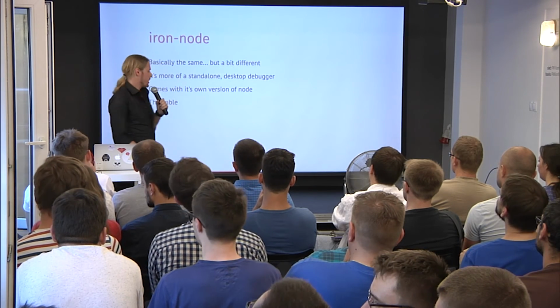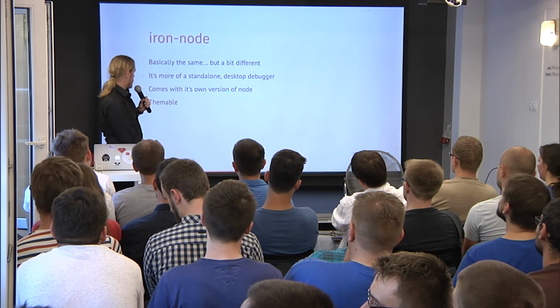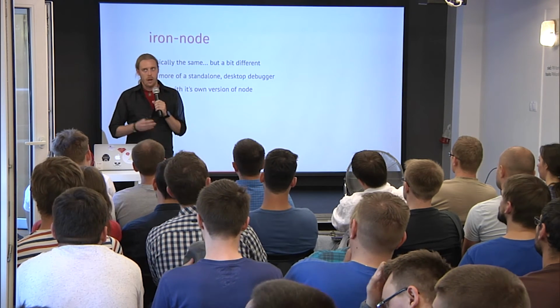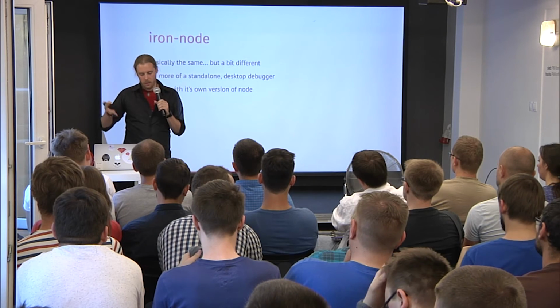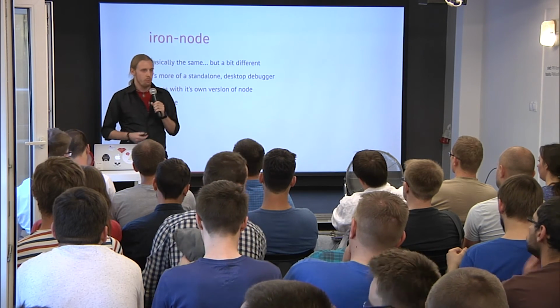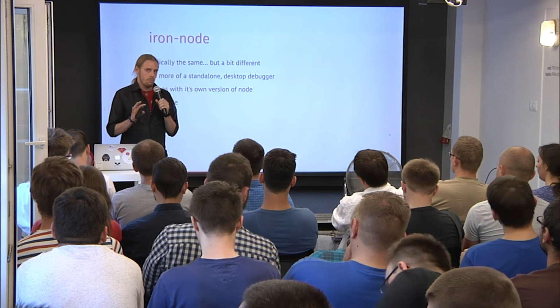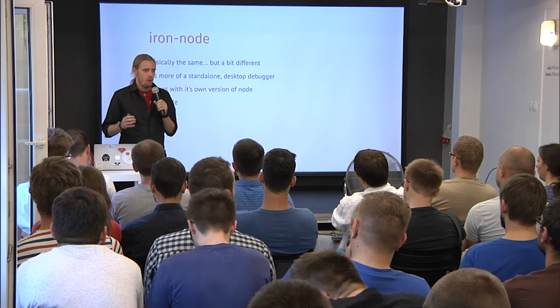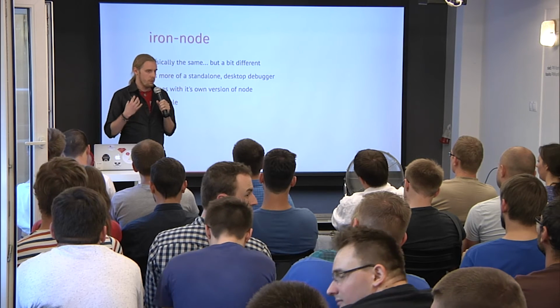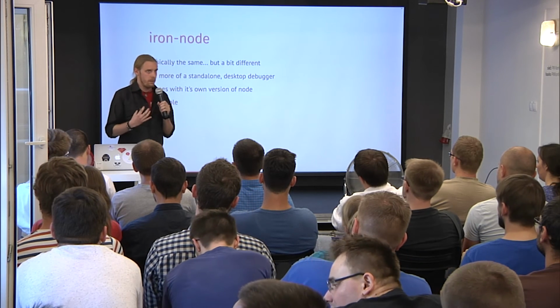Another cool feature is that it comes with its own version of Node or io.js or whatever it is underneath, because the code is a little bit old. And it might be cool because you won't have any issues with your current version of Node. You don't have to change anything.